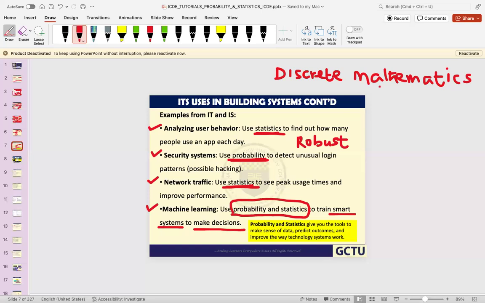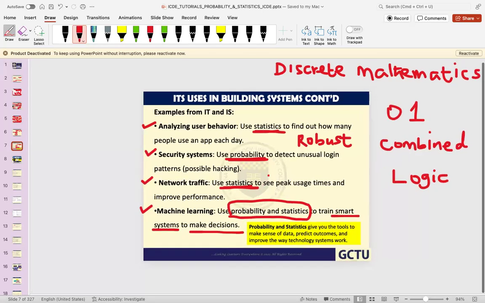The machine learning, i.e. the machine system, has a machine language where zeros and ones are combined effectively to make decisions for the computing system. You know, the computer is not a human being. It uses logic to think.